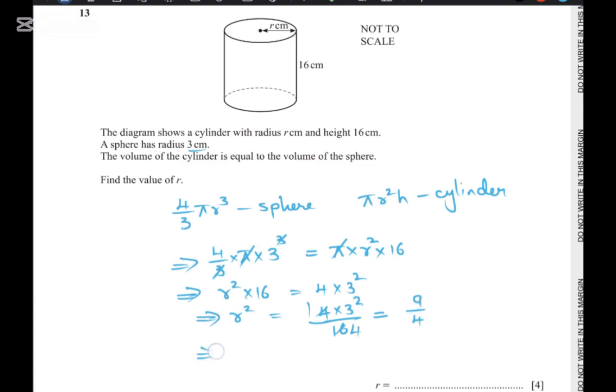So now r will be plus or minus square root of 9 by 4, which is plus or minus 3 by 2, which is plus or minus 1.5. We cannot take the radius as negative, so that will be positive 1.5 centimeters. So this is the answer, 1.5.